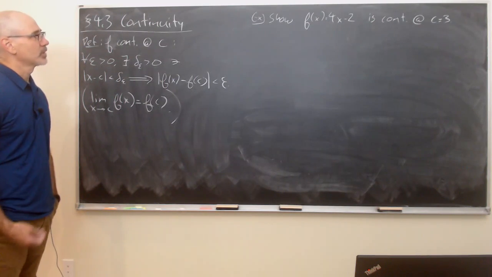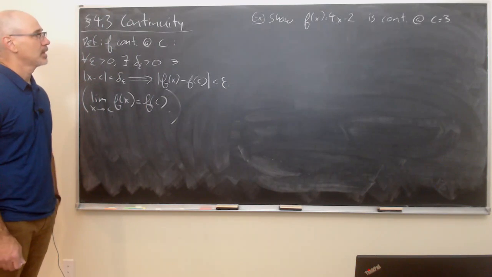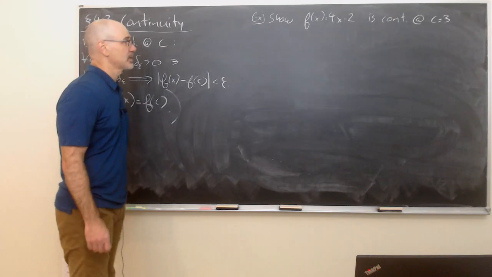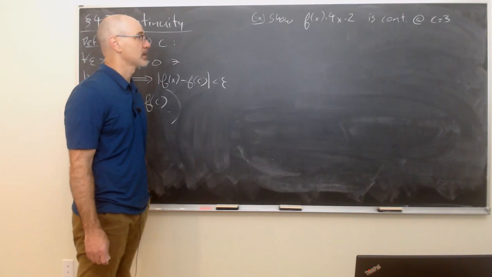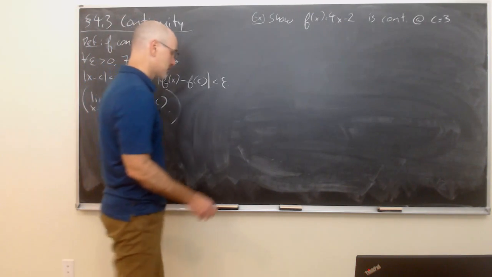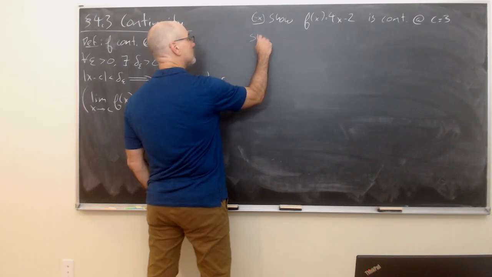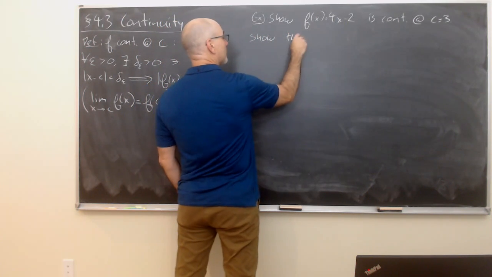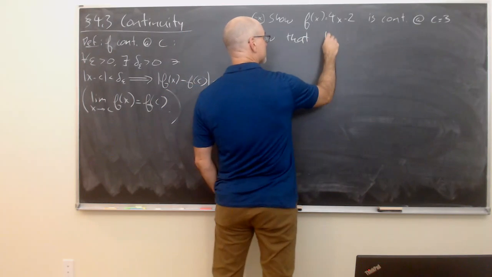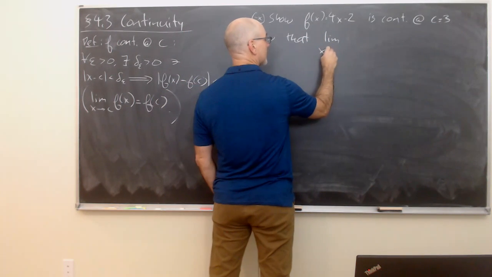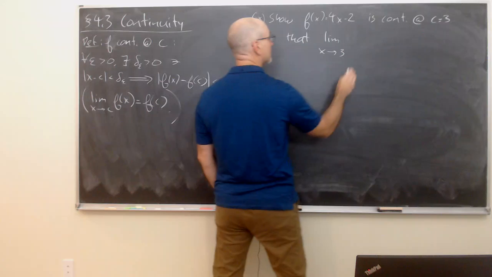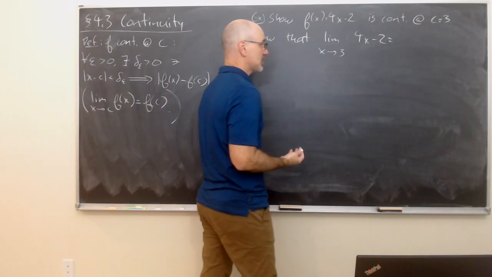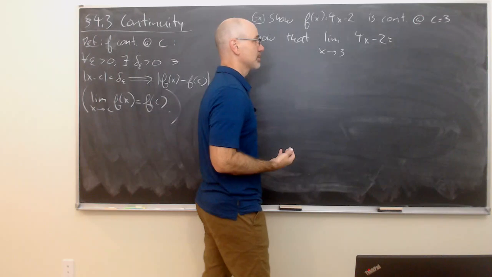All right, so we're going to do one example with the definition. We're going to show that f of x equals 4x minus 2 is a continuous function at the point 3. So we need to show that the limit as x approaches 3 of 4x minus 2 is equal to what we would get if we plugged in 3.